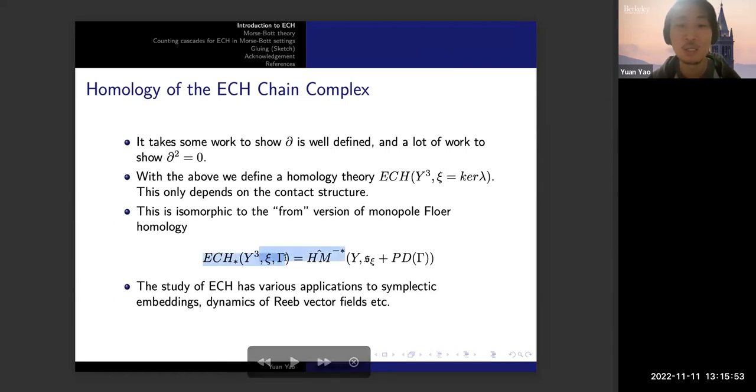This is basically the homology class of the orbit sets you're allowing. Y3 is your contact manifold, xi is your contact structure. And this thing, I think, is a spin^c structure, but I don't quite remember the gauge theory set up. The point is, there is some gauge theory here. Okay, all right, let me move on.